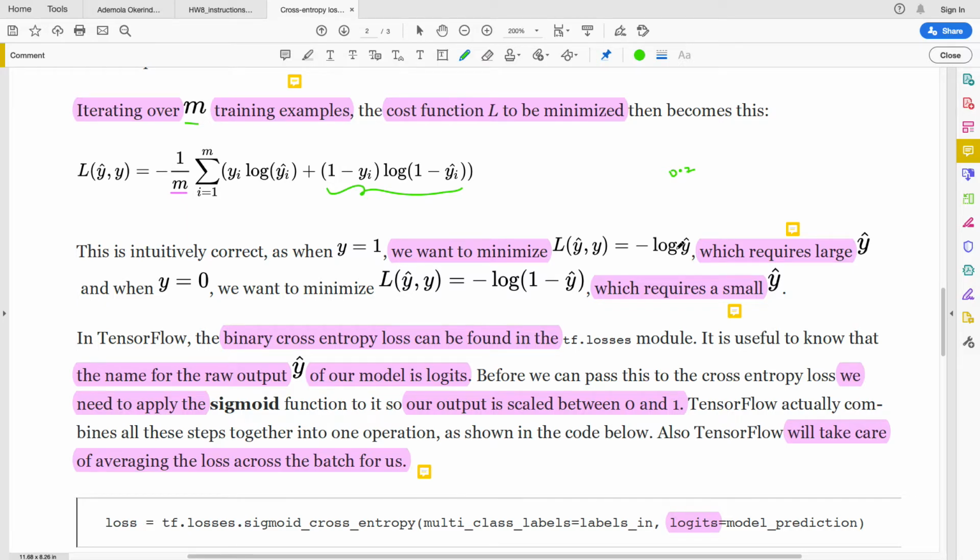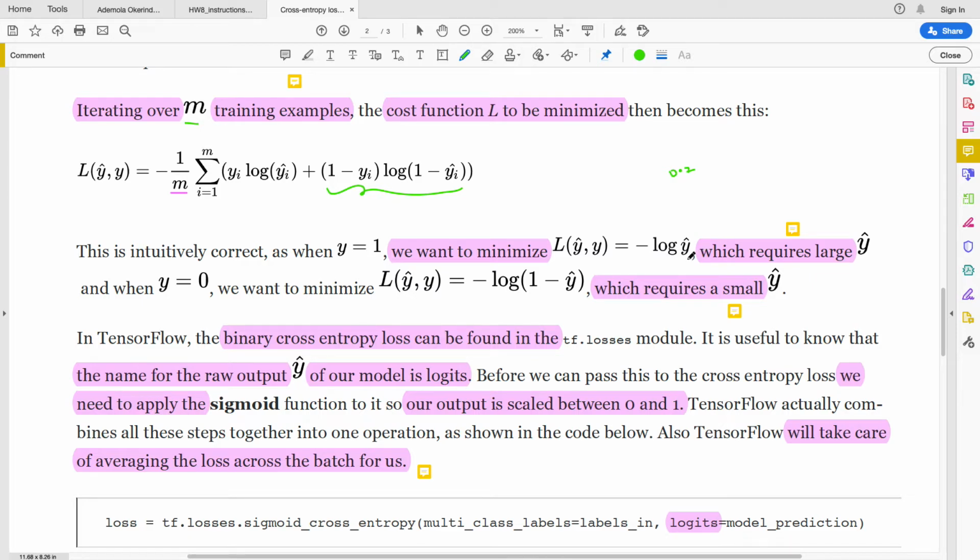Now imagine that our model predicts y hat to be equal to 1. Log of 1 will be 0. So this entire thing will be 0. That means this loss function has been minimized to its barest minimum, because we want the loss function to be minimized. That is, the output of this loss to be as close as possible to 0.